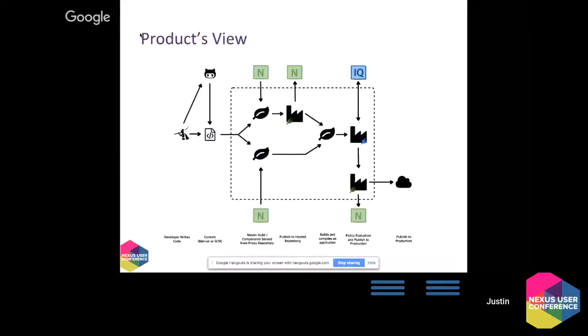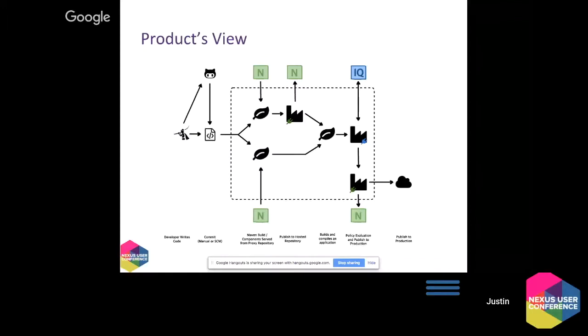So here's the product view. This is something we threw together when we were trying to figure out pipelines. It's more two-dimensional and probably equally as confusing. But you can see on the left, we have a Silicon Valley reference to a Pied Piper writing some code, pushing it to some source control, and then it gets put into this pipeline.